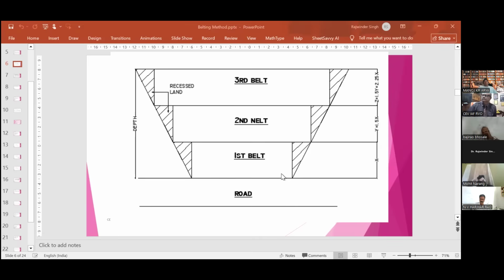So what we generally do, let us suppose width of the plot is X. So we generally keep the depth of the first belt equal to X. Then second belt equal to 1.5 times the depth. And third depth 1.5 times the second belt.